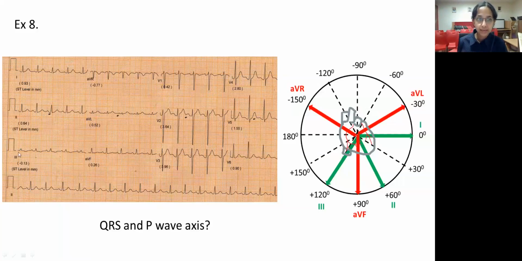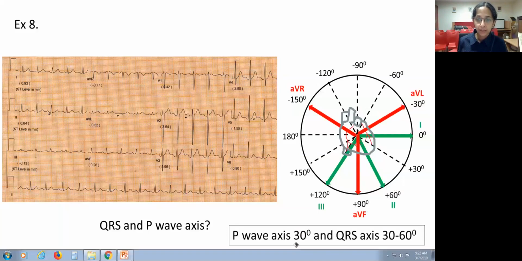Amongst the standard leads and the unipolar leads from the frontal plane, which is the lead which has the maximum positive deflection? Is it lead 2? Yes. So lead 2 is plus 60 degrees. So my axis is going to be very close to plus 60 degrees by all three criteria.